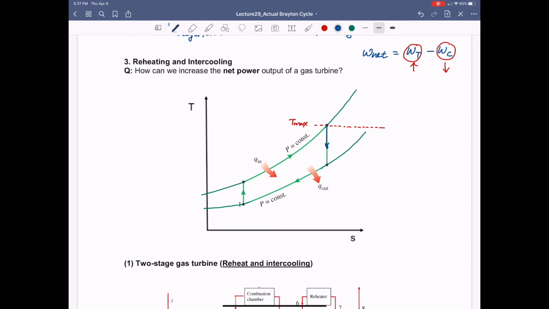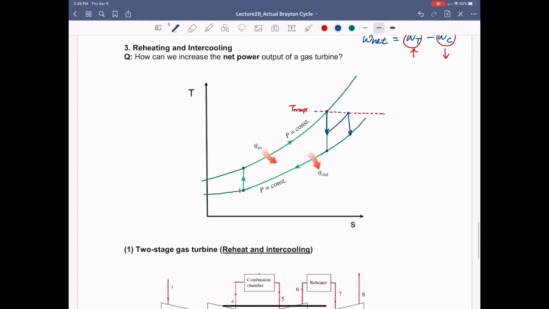Then we have a secondary combustion chamber to heat up the gas one more time to increase the temperature up to this point. Then we have an additional turbine to expand this gas to the secondary turbine here. So now we are talking about a two turbine system instead of one turbine.